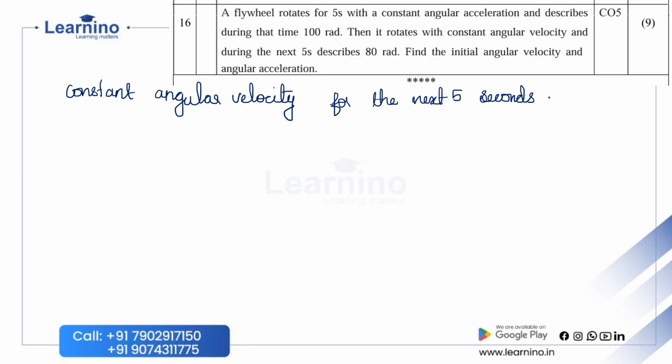Okay, so t2 is what? T2 is 5 seconds. And in that t2 it describes a rotation or displacement of 80 radian.